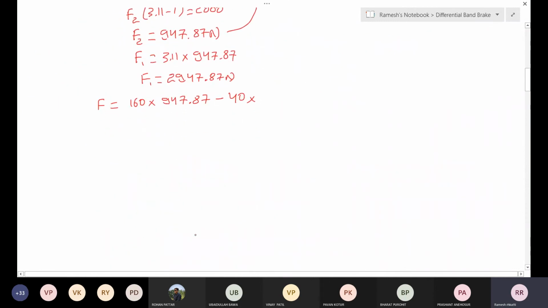F1, just now you have calculated, is 2947.87. From this, you will be getting the actuating force, and that actuating force is 56.24 Newton.